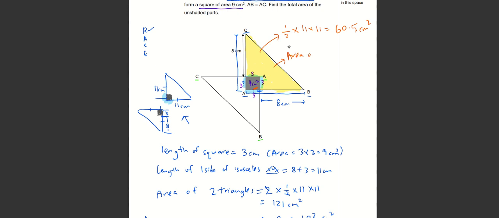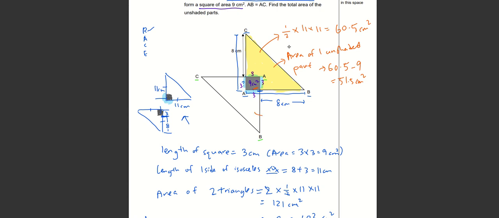Pardon my handwriting because it's a bit difficult to write on this device. So I have 60.5 minus 9. That will give me 51.5 square centimeters. So that's the area of one unshaded part that's colored yellow.